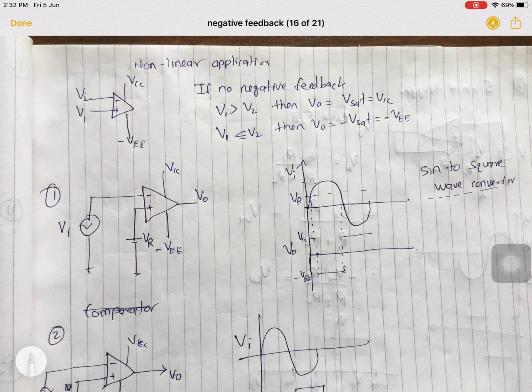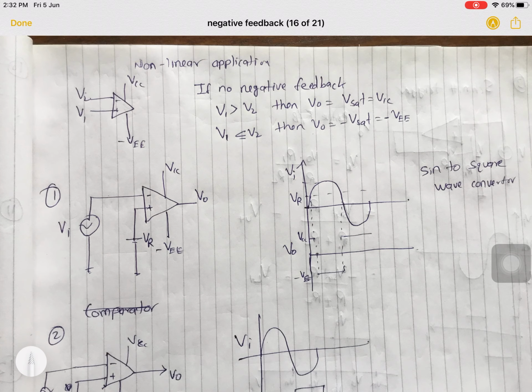The first is the sine to square wave converter. Suppose there is a reference voltage VR, that is the input, and this is the IO characteristics. As we go on increasing the input, this dotted line is VR reference.